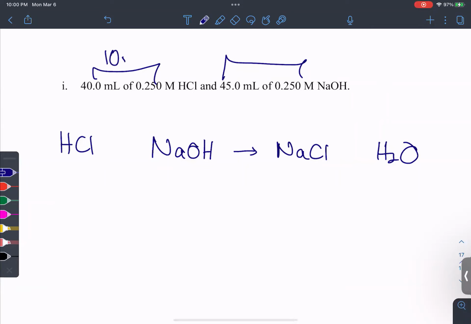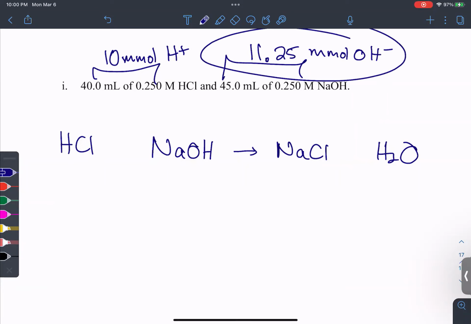There's 10 millimoles of H+ and 11.25 millimoles of OH-. So now you can see clearly that hydroxide is in excess. So how much hydroxide is left over after this neutralization reaction? 1.25 millimoles.